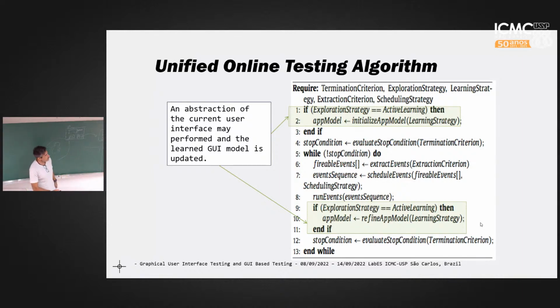So, if I build the model of the application, then I have to update my model step by step. There are techniques such as random, where you do not build the model of the application. But if you want to build the model of the application, you build it step by step.